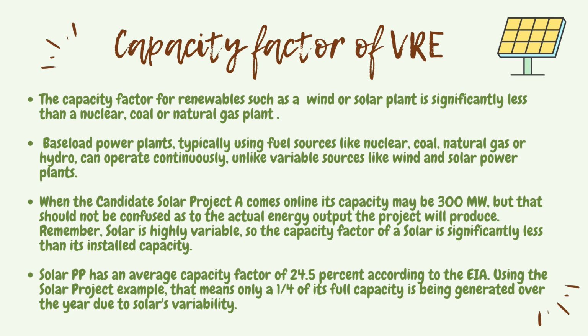In general, solar's capacity factor is 25%. Using the candidate solar project A example, that means only 25% of its full capacity is being generated over the year due to solar's variability.